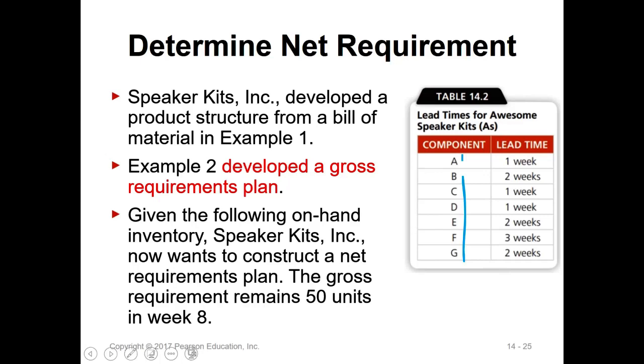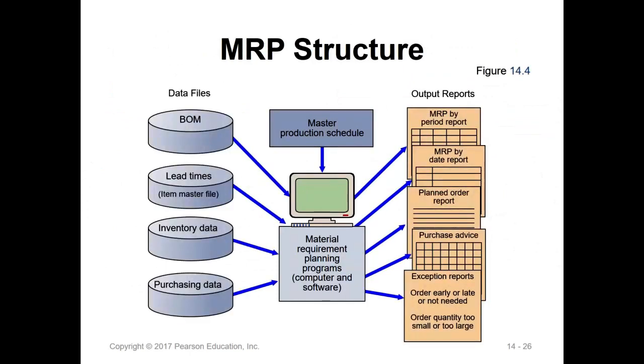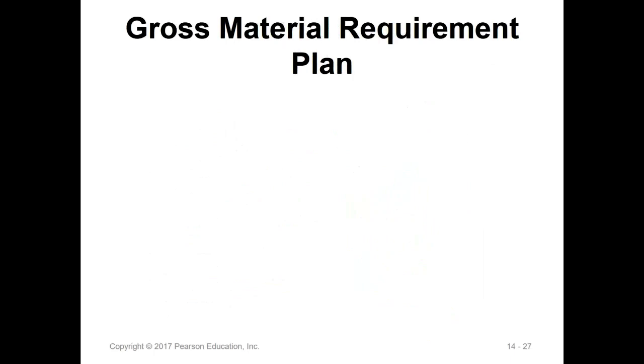The next one is a simple gross requirement plan. A lot of software is now available in the market. It's for industrial engineer majors, and they can make this master production plan. And from the master production plan, they can specify the MRP requirement.